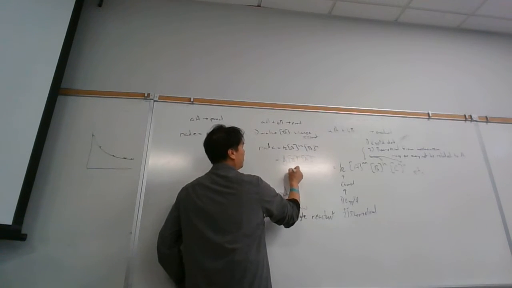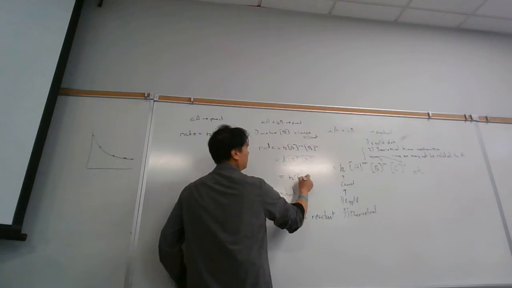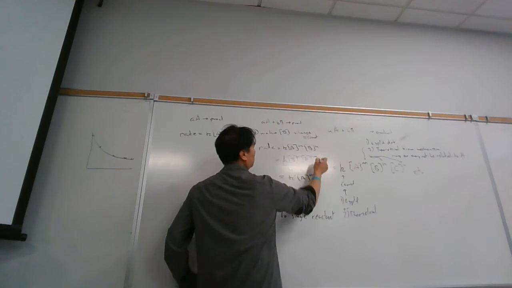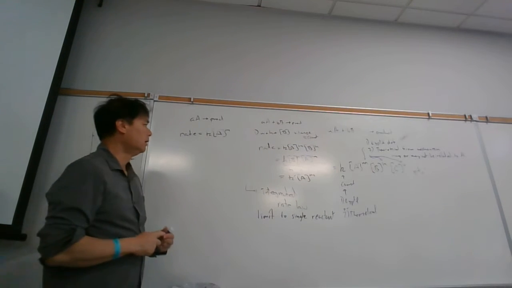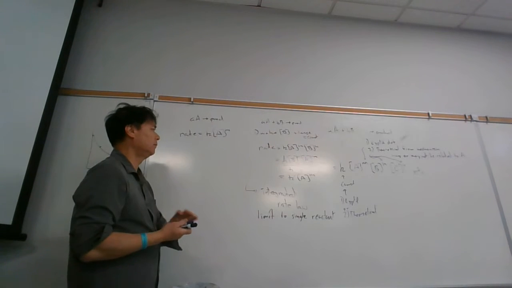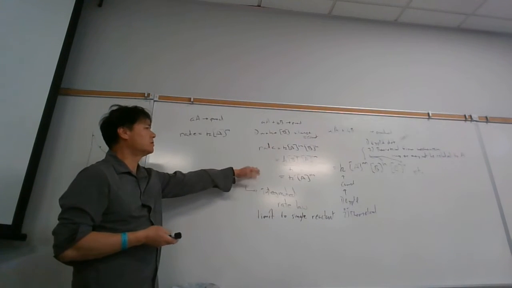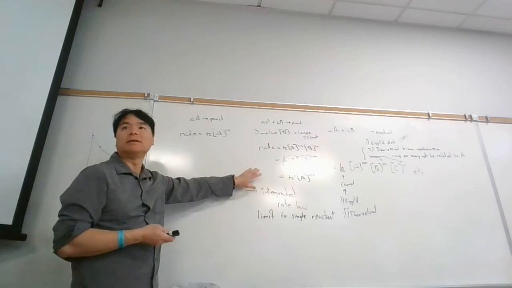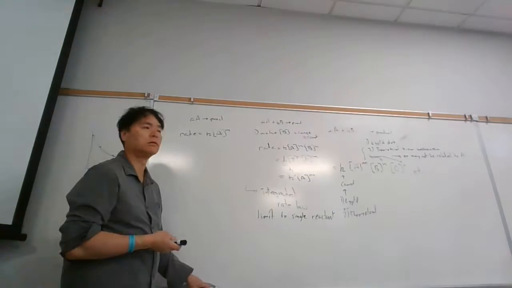We're going to call this K prime. And so this is going to equal K prime A to the M. And so it pretty much factors out the B, so it's just a single variable. The only thing that's changing is A. B is no longer changing.